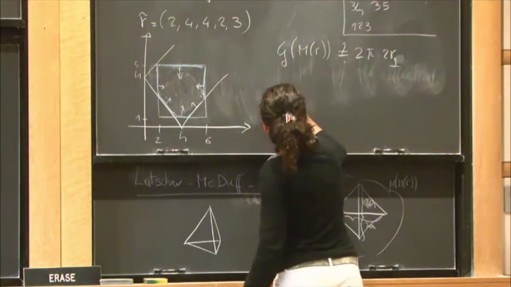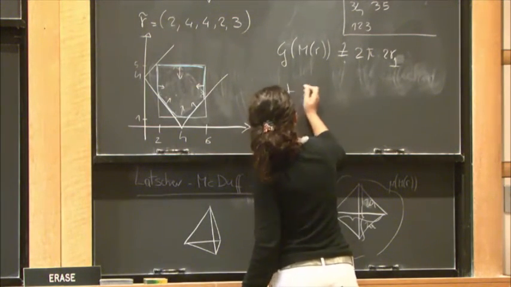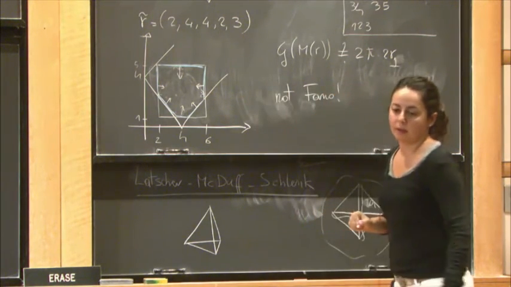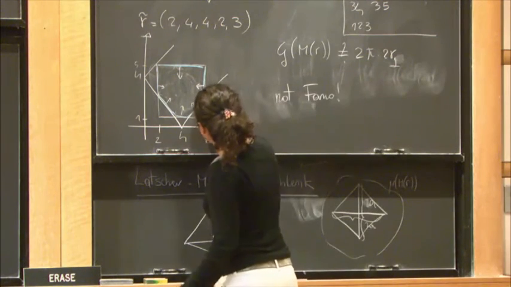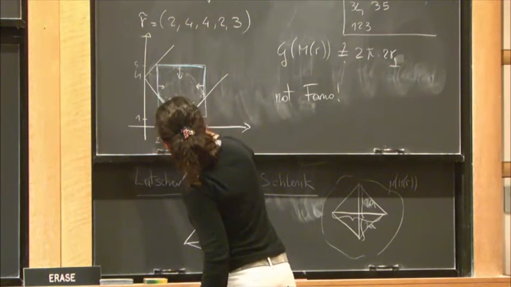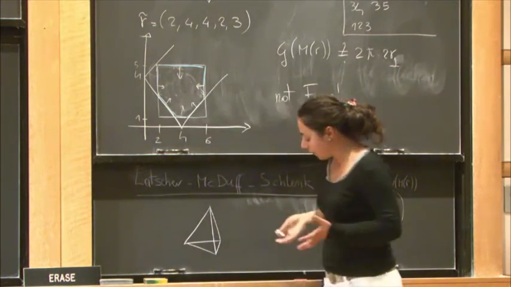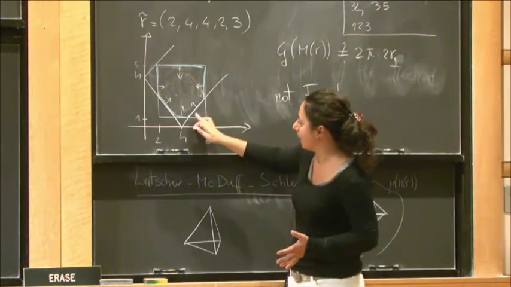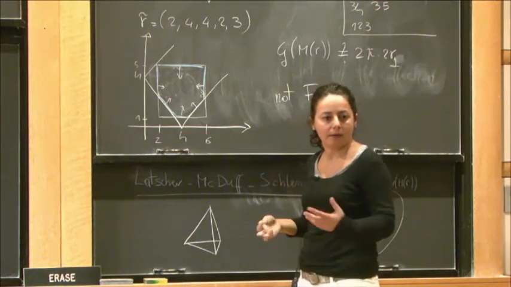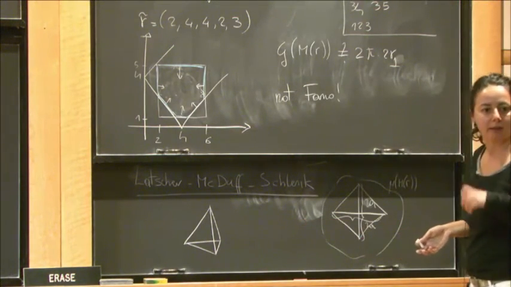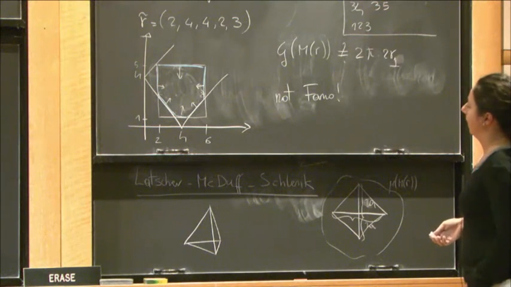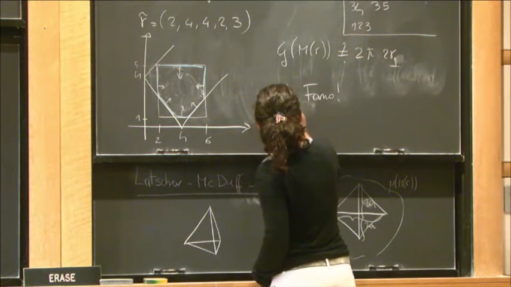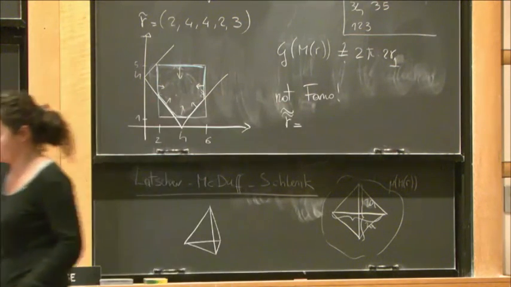But this is not good because it's not Fano. And we can see that it's not Fano because we have this shape here. So we cannot find a monotone polytope with the same normals as I have here. I don't know what is your favorite way of checking this kind of thing. But still, the problem can be easily fixed by reshuffling again in a more clever way.